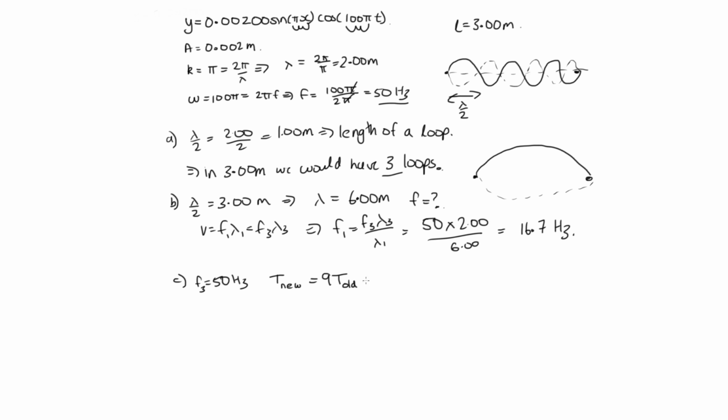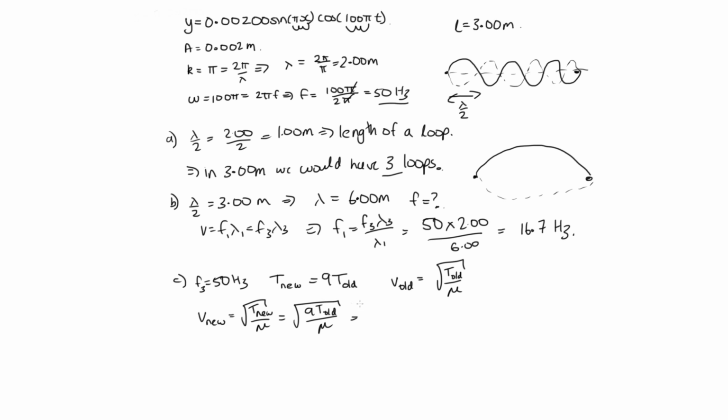Okay, so we know that the old velocity is equal to the square root of the old tension over μ, the mass per unit length. Now the mass per unit length isn't changing because we're sticking to the same string. So the new speed is going to be equal to the square root of the new tension over μ, but the new tension is equal to 9 times the old tension, and it's under the square root sign.